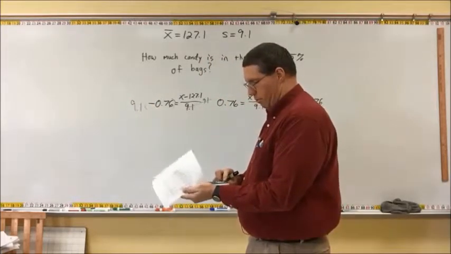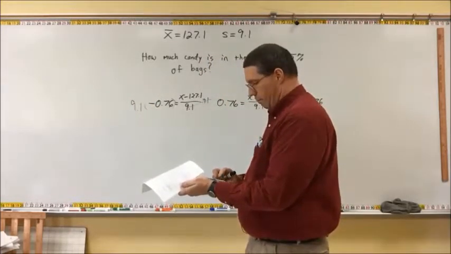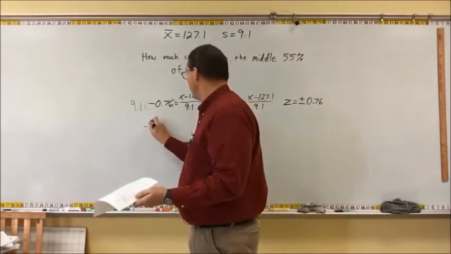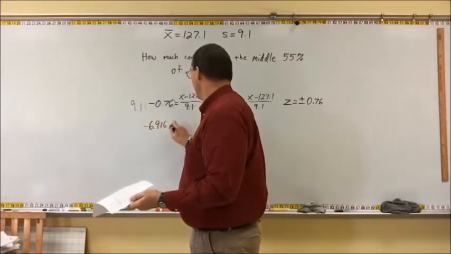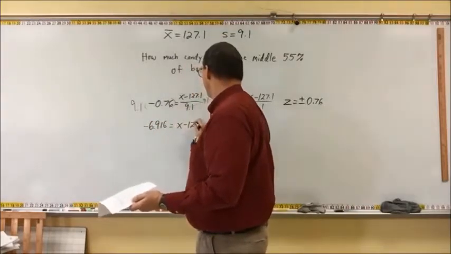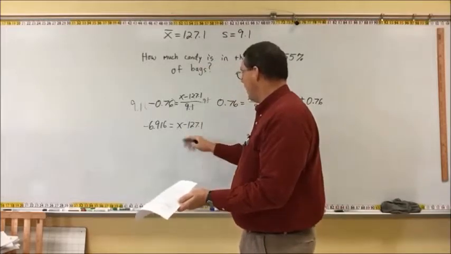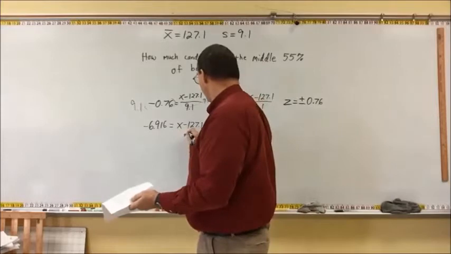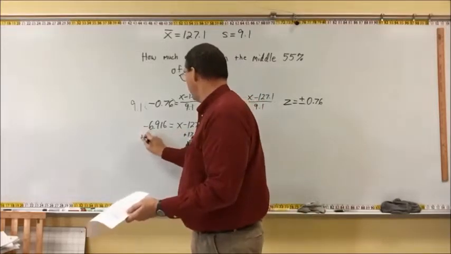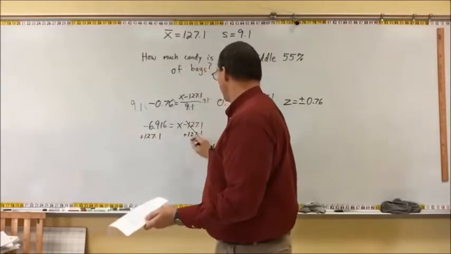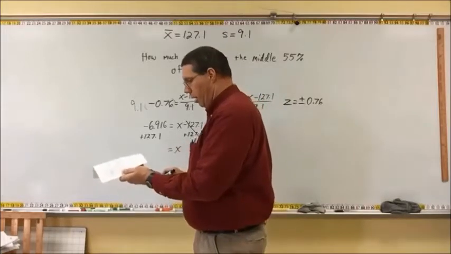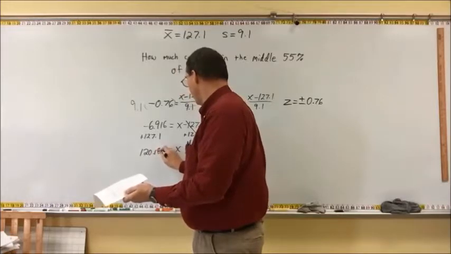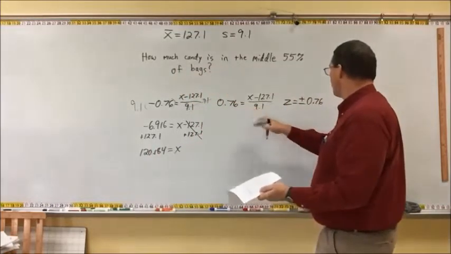So 9.1 times negative 0.76 gives us negative 6.916. Negative 6.916 is equal to x minus 127.1. Now we're going to add 127.1 to both sides, cancel, and we get x is equal to 120.184 over here.